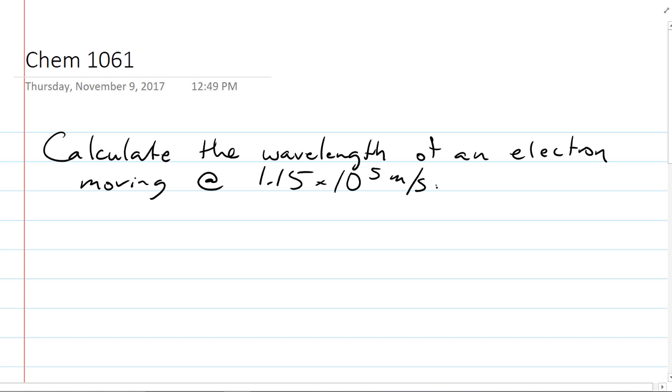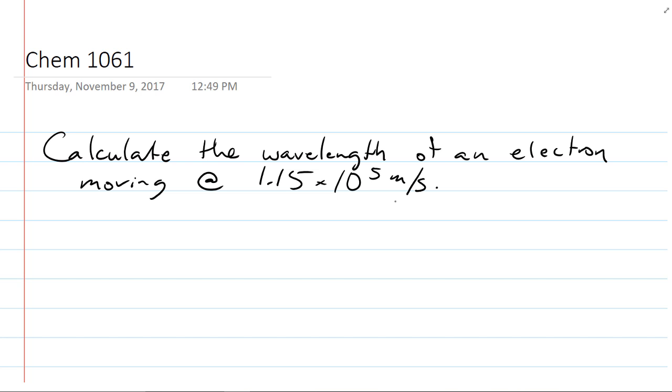So what we can do then is calculate wavelengths of particles like electrons, and let's go ahead and do that. Let's calculate the wavelength of an electron moving at 1.15 times 10 to the 5th meters per second.